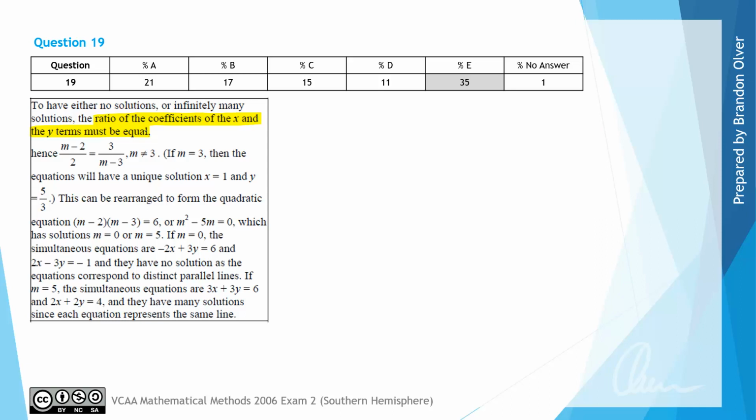So that also found the values of 0 and 5, and then to have no solutions, the examiner's report goes on to say that the y-intercepts must be different, so m equals 0 was the only option that satisfied that condition.